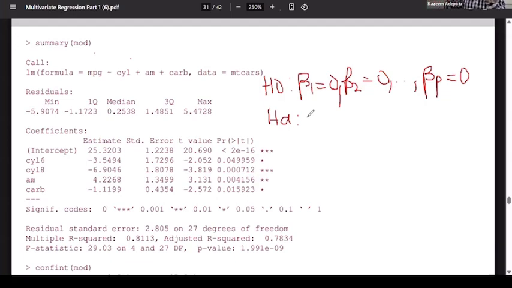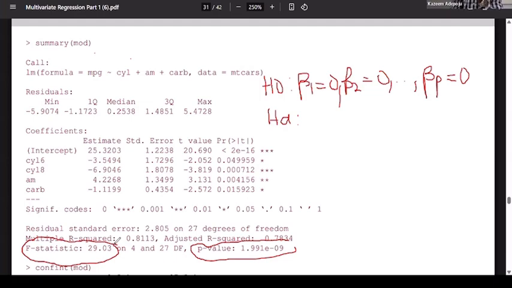If I really want to know what p-value to use in taking a decision, it's going to be this. That is the p-value I'm going to use in taking a decision. Can you see that? And that very p-value is the one associated with the F statistic here.